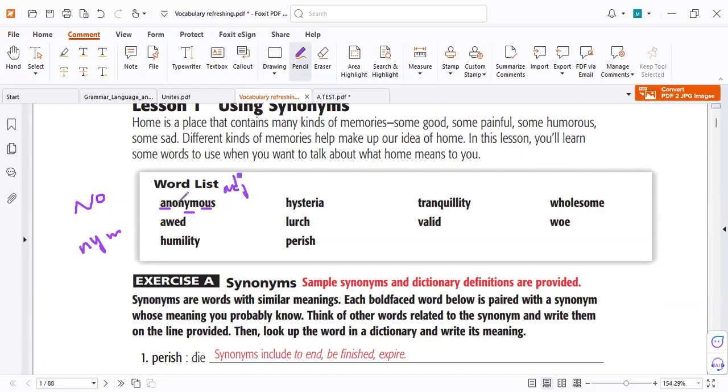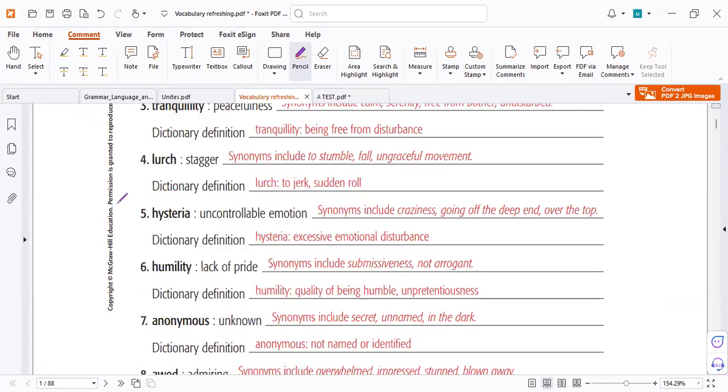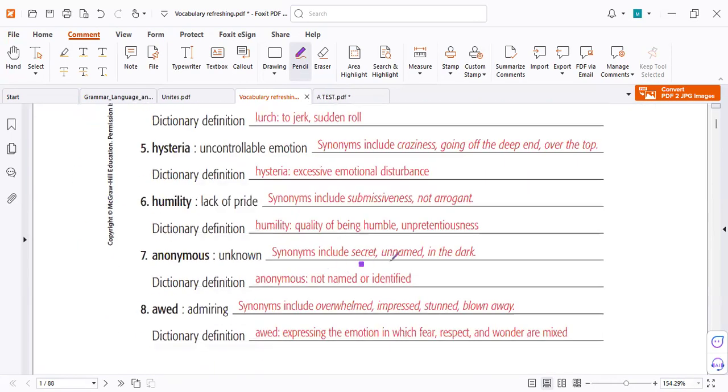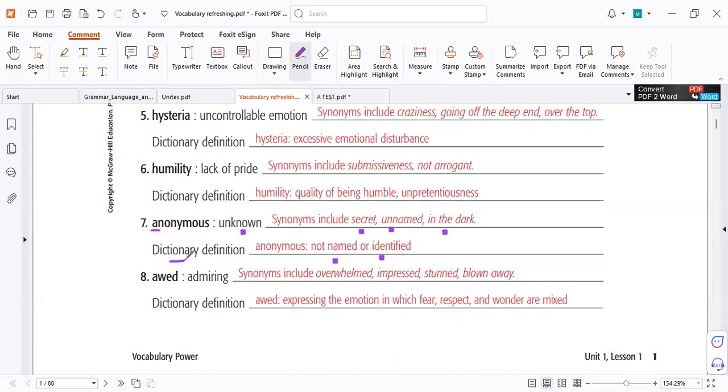So anonymous means no fact. If it's no fact, it's not known, not famous, not accepted between people. Look, when you go to the word: secret, unnamed, in the dark, name, not defined. Because I know that "an" means not. In fact, that's it.